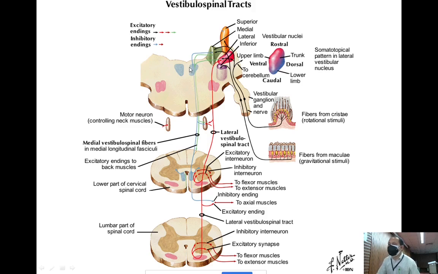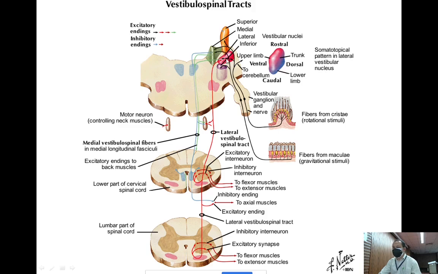The medial one takes origin from the medial nuclei. You can see where the different nuclei are located: the superior nuclei, the medial nuclei here, and the lateral and the inferior nuclei here. So the vestibulospinal tracts take origin from the lateral, the red one, and medial, the green one.